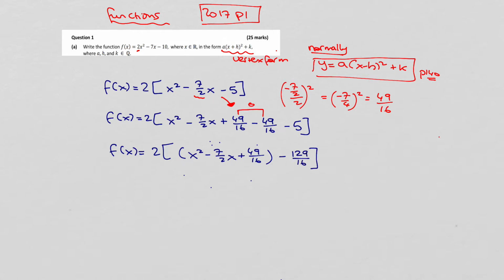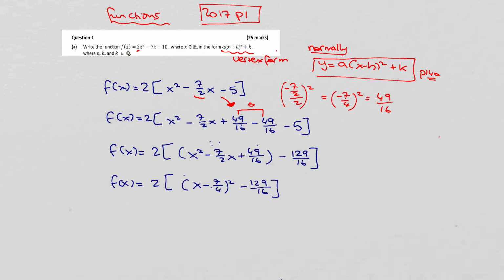Now, if I'm looking at the perfect square then, I have to say, well, what's going to add to give me 7 over 2, multiply to give me 49 over 16, and of course it's 7 over 4. So therefore that becomes 2 times x minus 7 over 4 to be squared, minus 129 over 16.